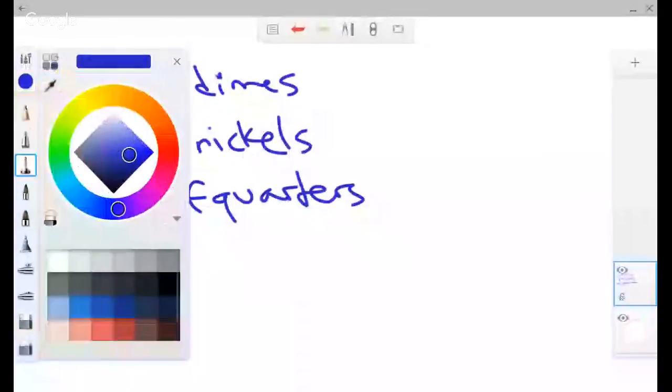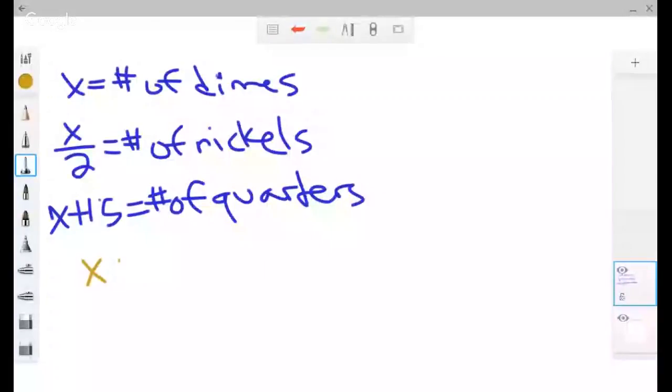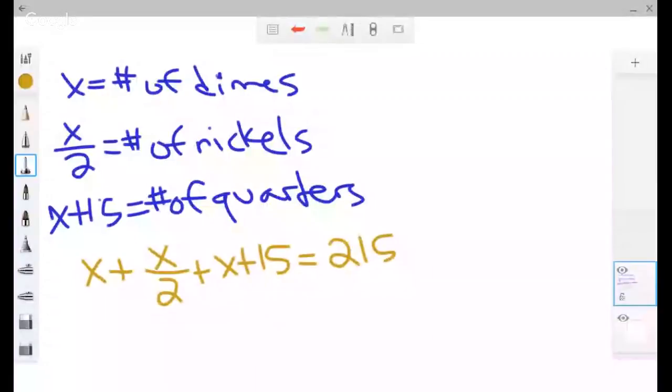So now all I have to do is take all of these and add them up to 215, okay? So one thing I could do here is multiply both sides by 2 to eliminate that denominator of 2, but it's not too hard to add a half, right? So I have x plus x over 2. I can write this as 2x over 2.